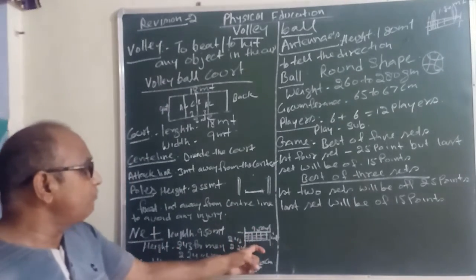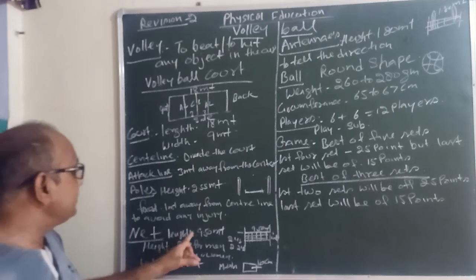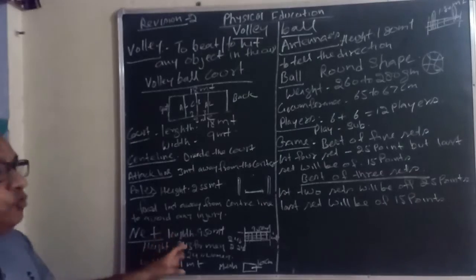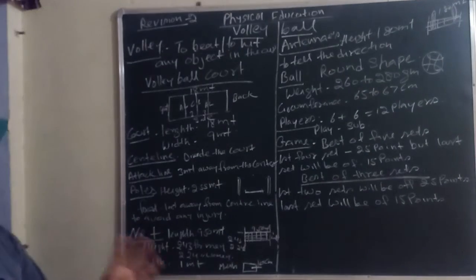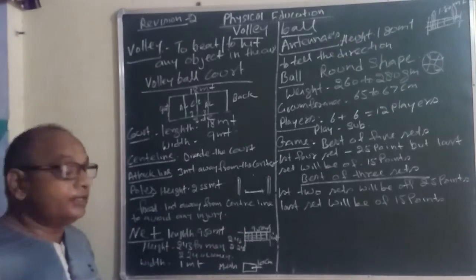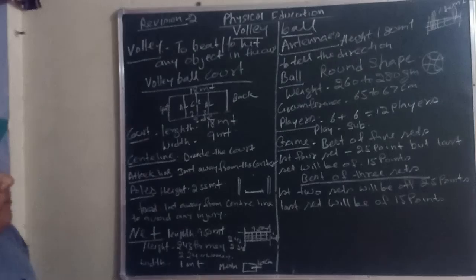So you have to draw the picture of the net, and its length will be 9.5 meter, height 2.43 meter for men and 2.24 meter for women, and its width will be 1 meter and mesh will be 10 centimeter square.